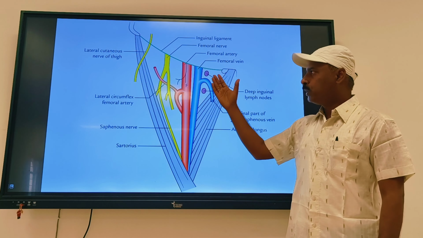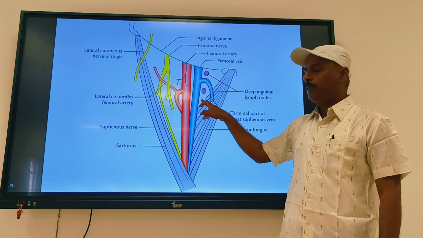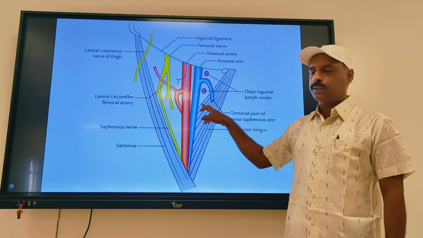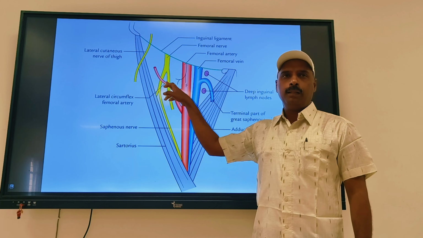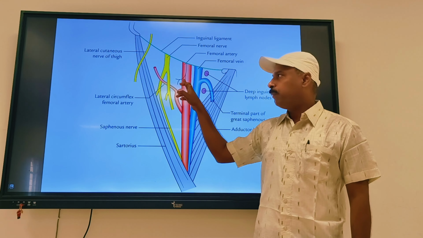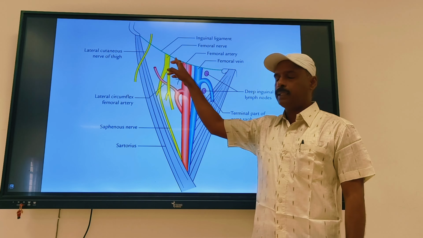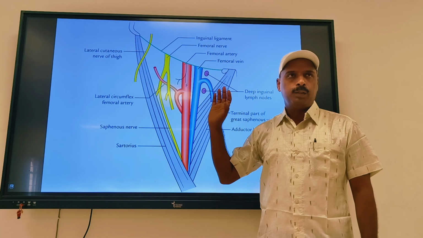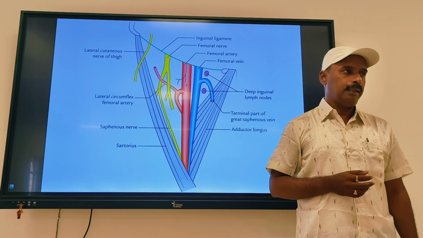So these are the posterior relations of the femoral artery. Medially it relates to the femoral vein and its tributaries. Laterally we have the femoral nerve. So the femoral artery is related medially to the femoral vein and laterally to the femoral nerve. These are the relations of the femoral artery in the femoral triangle.